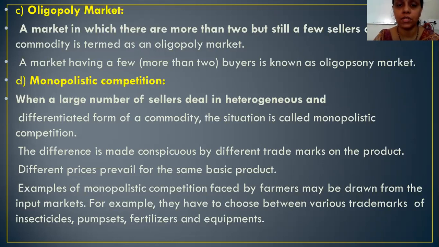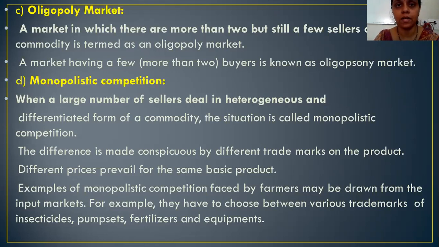An example of monopolistic competition faced by farmers may be drawn from input markets. For example, they have to choose between various trademarks of insecticides, pump sets, fertilizers, and equipment. Such differentiation happens when the trademarks change, and that competition is called monopolistic competition, with different prices observed for the same product.